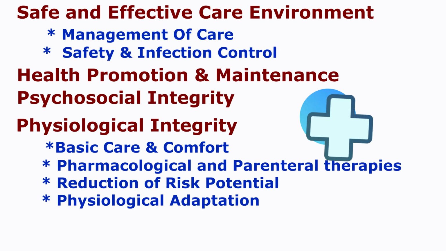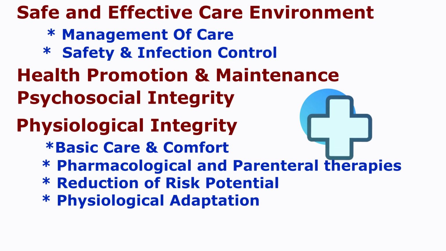Now, we have four main categories that the NCLEX tests for the RN NCLEX test plan. That is safe and effective care environment, and under that we have management of care and safety and infection control. The second category is health promotion and maintenance.